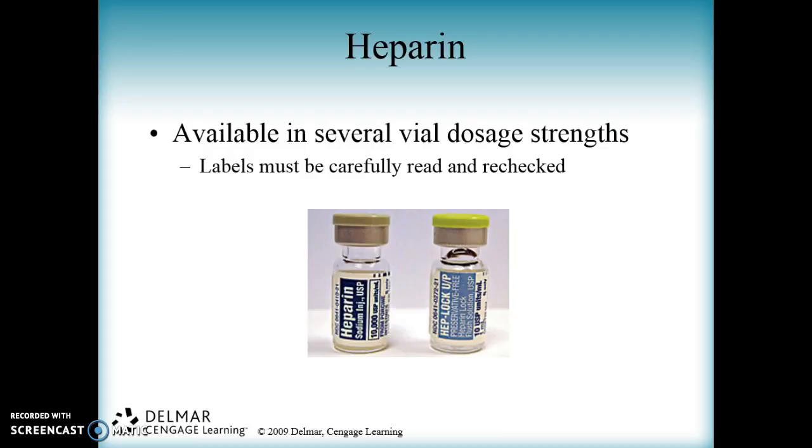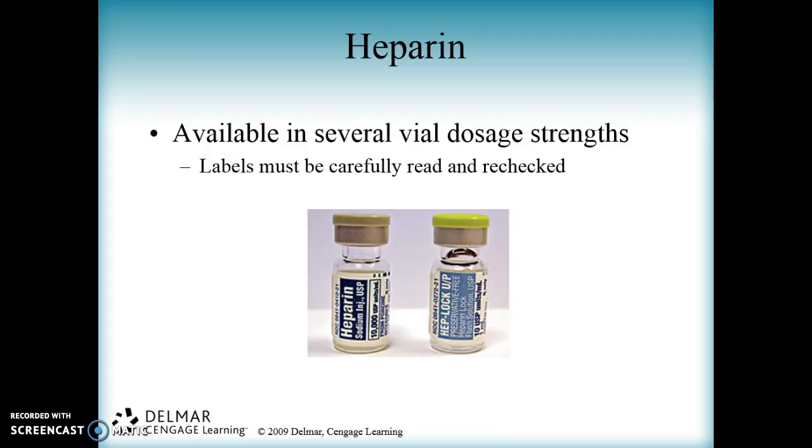This is an example of the way heparin used to look. It's really important to check labels because of its potential for errors. And as you can see by looking at this, there are some very close similarities when looking at these labels. Similar colors, similar tops.